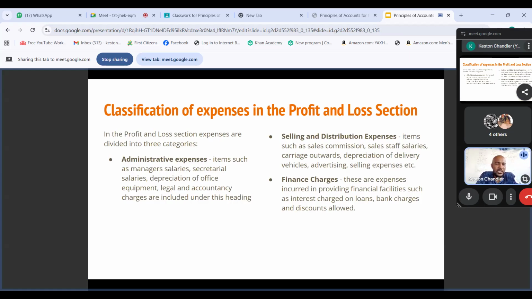Selling and distribution expenses will include things like sales commission, sales staff salaries, carriage outwards, depreciation of delivery vehicles, advertising, selling expenses. And finance charges will include any type of expenses incurred in providing financial facilities, maybe interest on loans, bank charges, or discounts allowed.